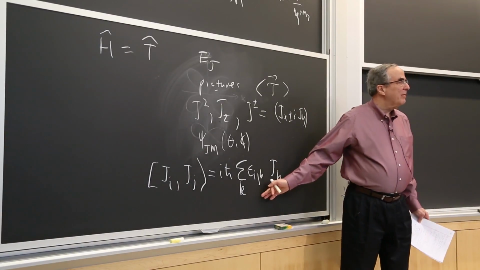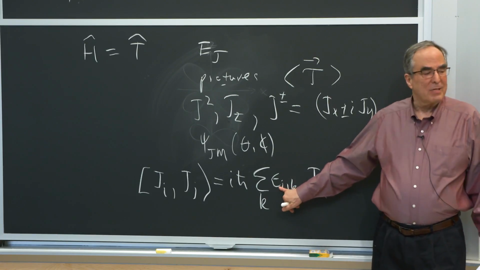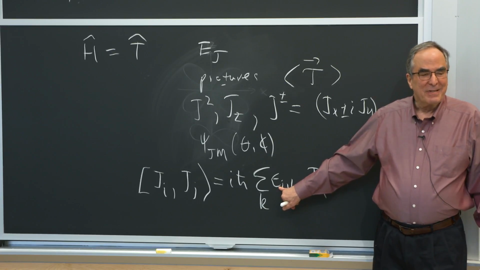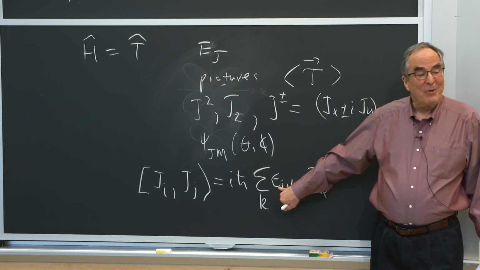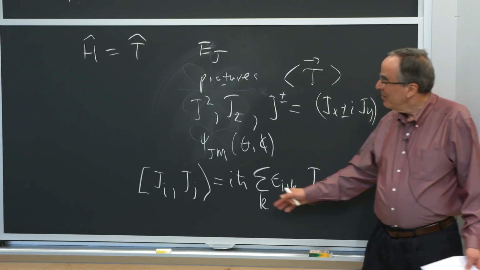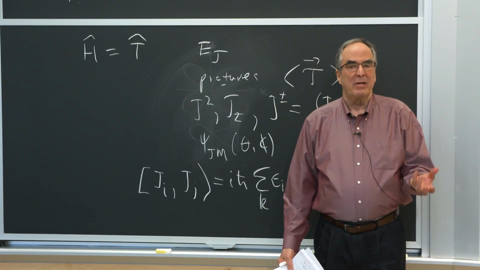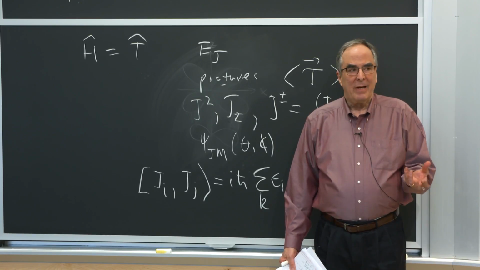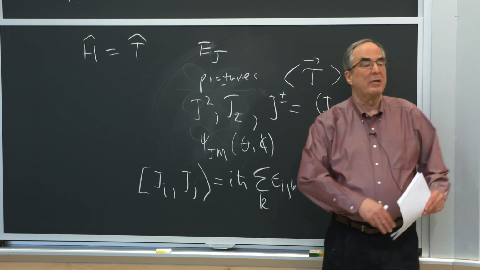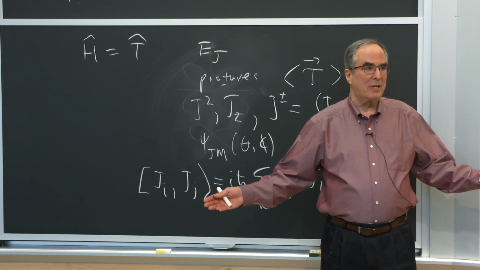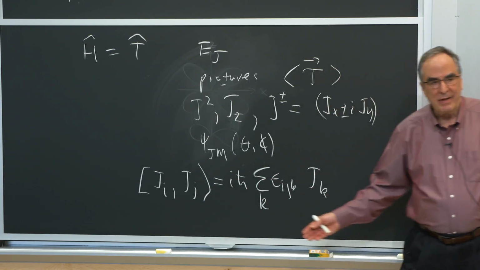Isn't that a strange looking thing? Because I haven't told you what this epsilon is. There's lots of names for it. It won't help because I'm not going to talk about it here. But this is actually the fundamental definition of an angular momentum. And from this commutator rule, we can generate all the matrix elements of angular momenta.